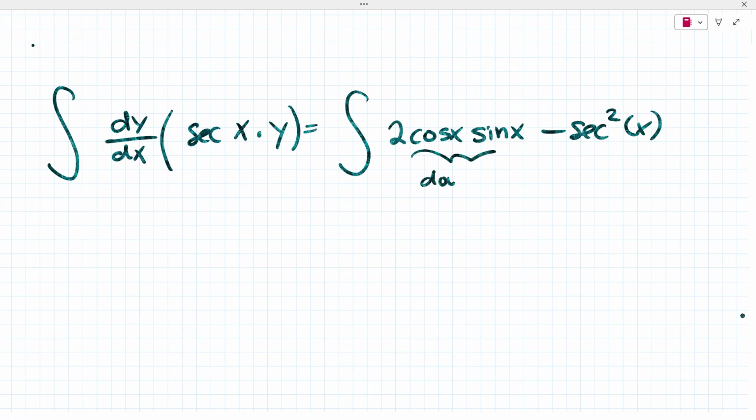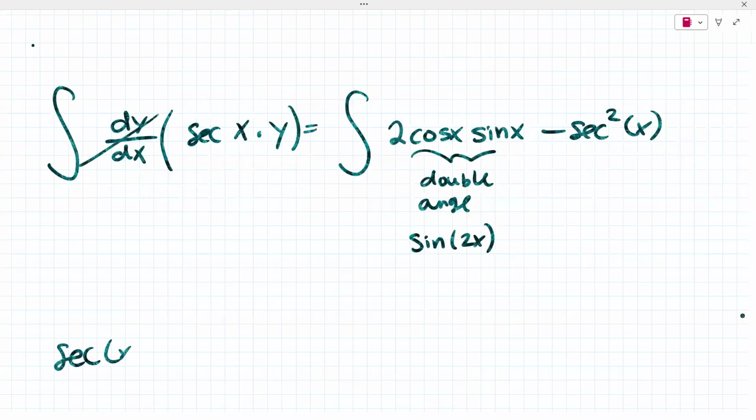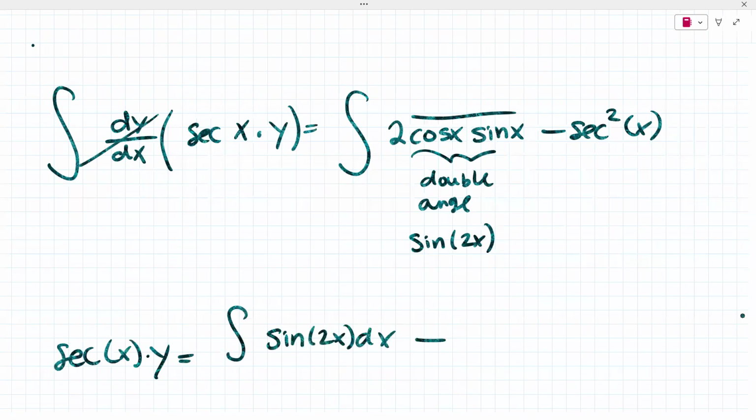So this is a double angle, and that's the same thing as sine of 2x. So on the left side, the integral and the derivative cancel, so you're just left with secant x times y, and then on the right, it's going to be the integration of sine of 2x minus the integration of secant square of x.